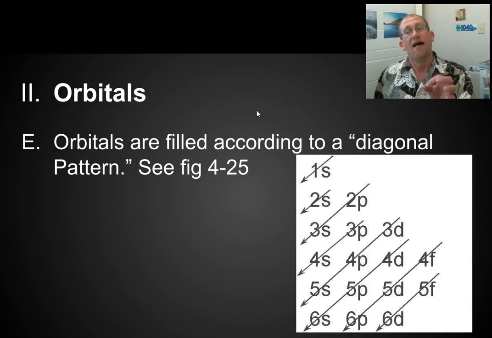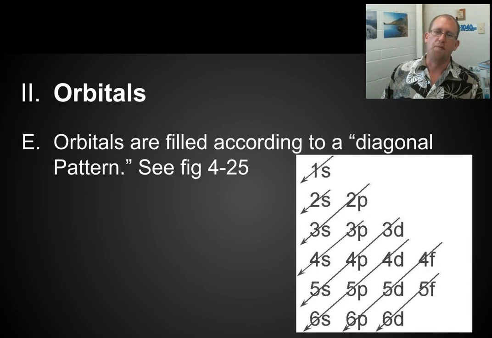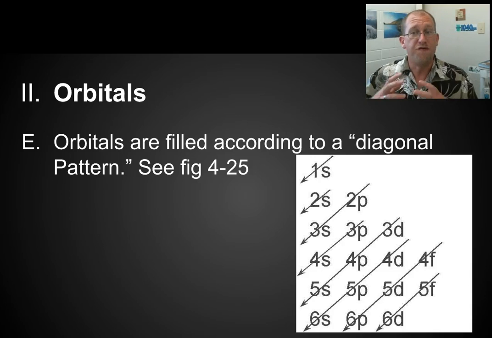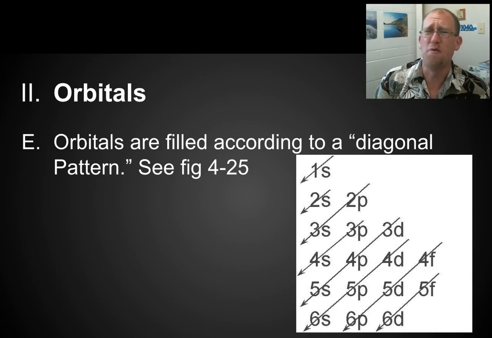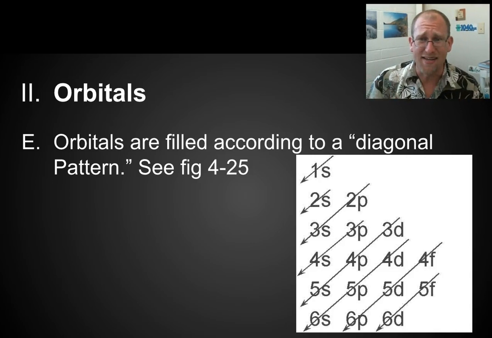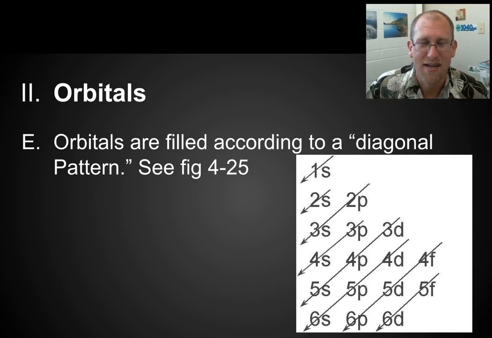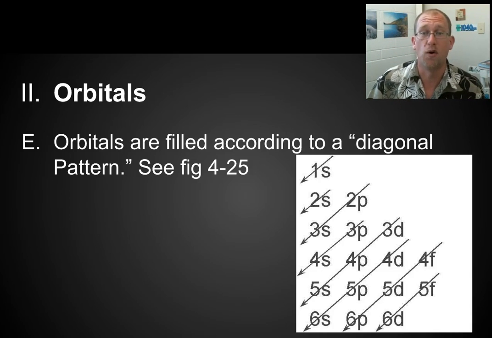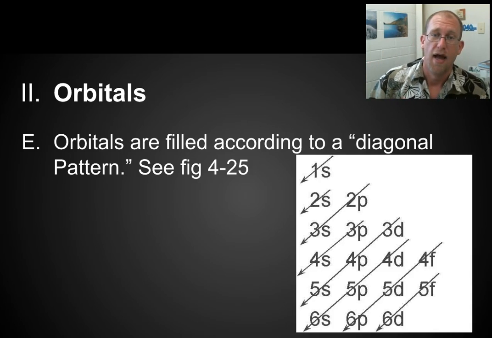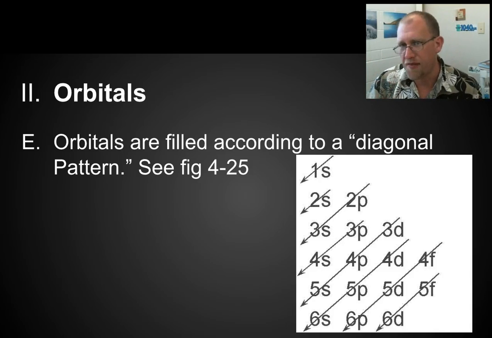All right, last concept. When you fill orbitals, you don't just say, is 1 full? Let's move to 2. Is 2 full? Let's move to 3. That would be easy, and this is not easy, so that's not the way it works. Electrons are filled in this diagonal pattern. For right now, look at the diagonal pattern. In your book, it talks about the diagonal pattern.